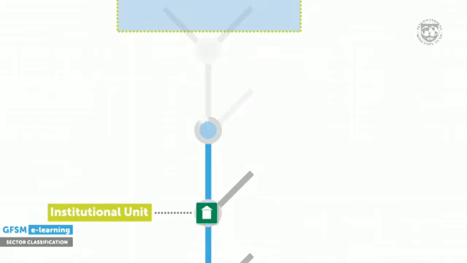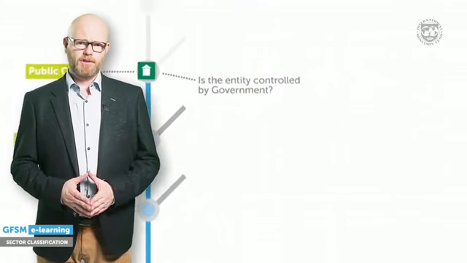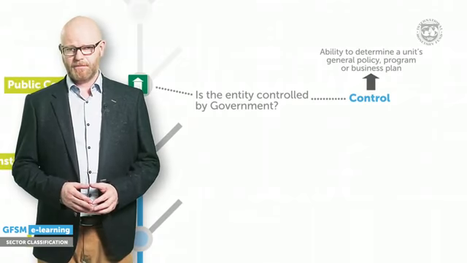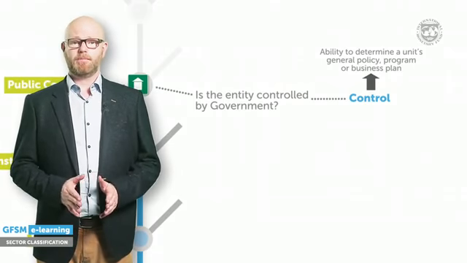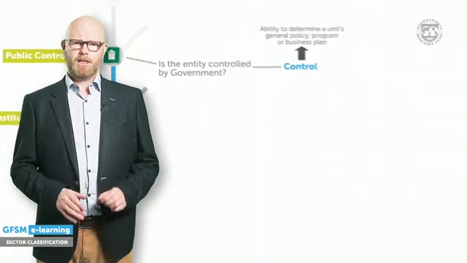Two further questions arise. First, is the institutional unit controlled, directly or indirectly, by a government? Only government-controlled units can be defined as part of the general government or the public sector. Control refers to the ability to determine a unit's general policy program or business plan. It is not the same as ownership. Governments don't have to own an entity to be able to control it.